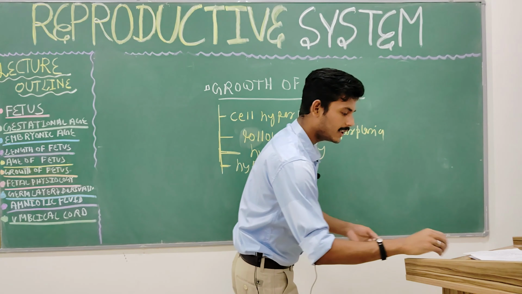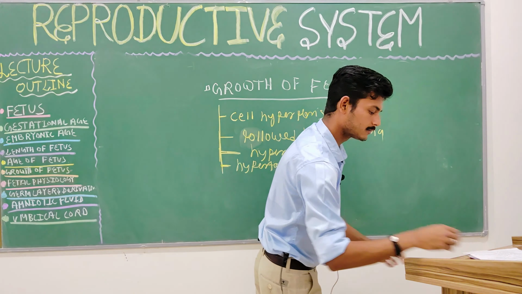Initially the cell will grow by increasing the cell number. One cell becomes 2 cells, 3 cells, 4 cells, 5 cells and 6 cells. This type of growth is called hyperplastic growth. So initially the developing fetal cells grow by hyperplastic growth, an increase in cell number.